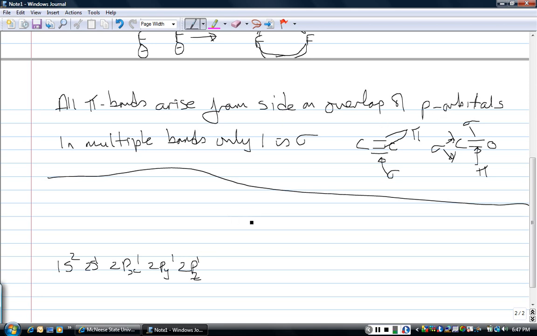So it must keep one p orbital to form the pi bond, in which case it will hybridize the 2s with the remaining p orbitals and become sp2 hybridized.